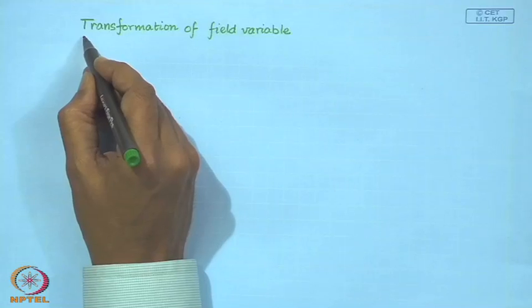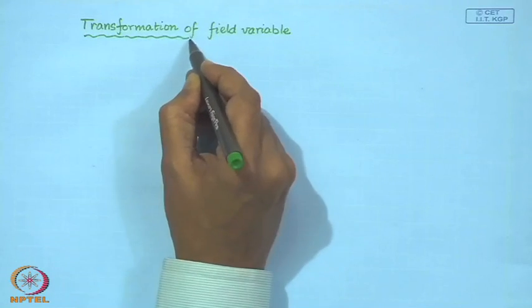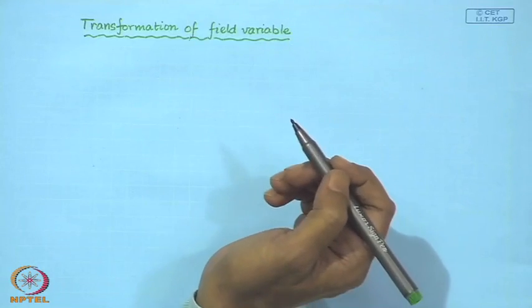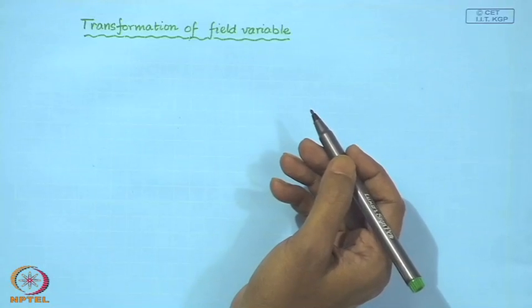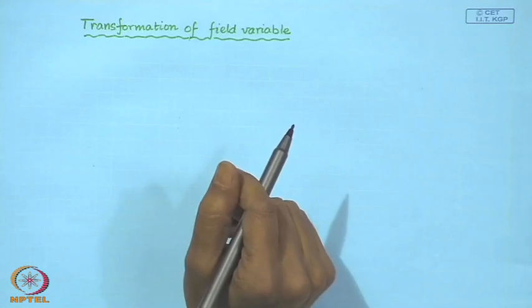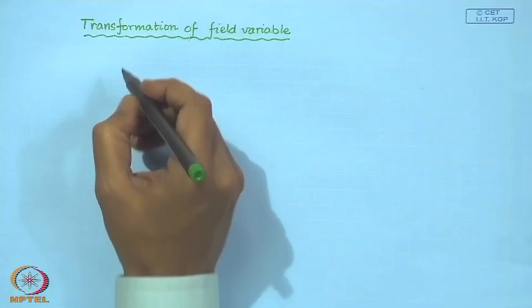So, we want to find a transformation of the field variable, which was w. In this case, we want to transform it to another variable, such that the problem can be converted to a problem with homogeneous boundary conditions.